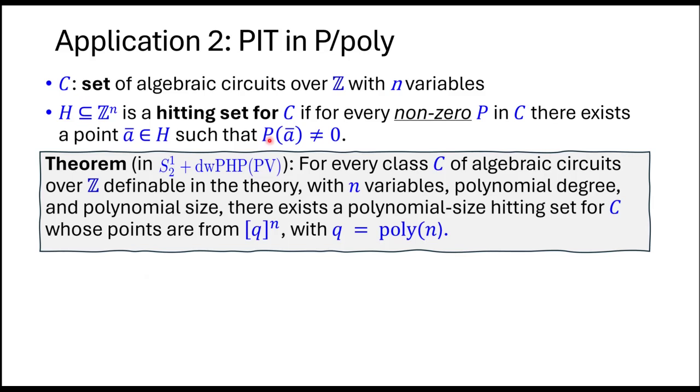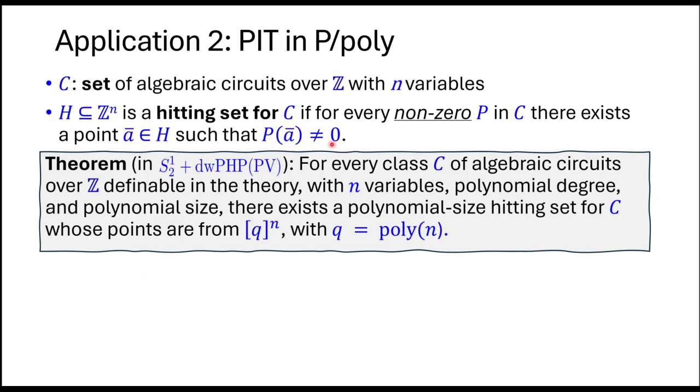If you want to check whether a polynomial in C is non-zero, you just need to check the points in H and see if it is non-zero on one of the points, and it must be true. If the polynomial is non-zero and is from C, there will be a point A in H such that p(A) is not zero.